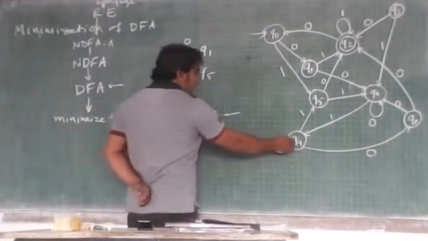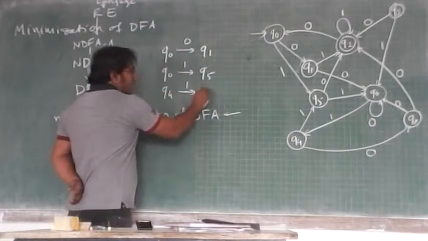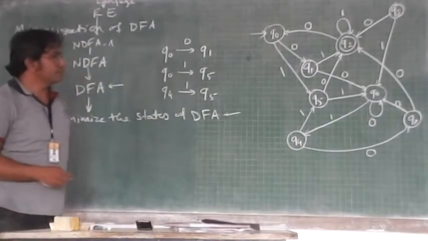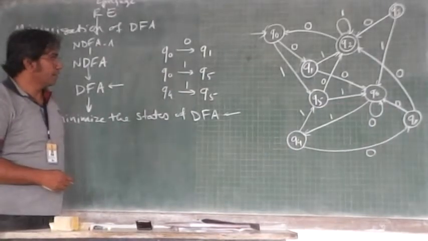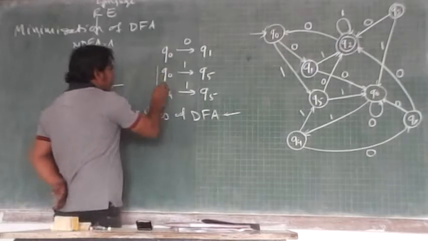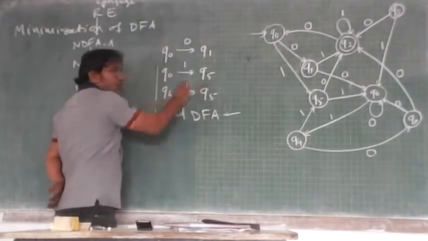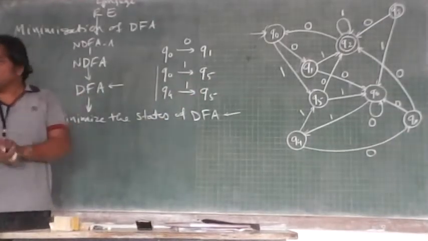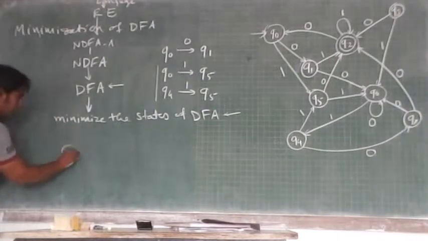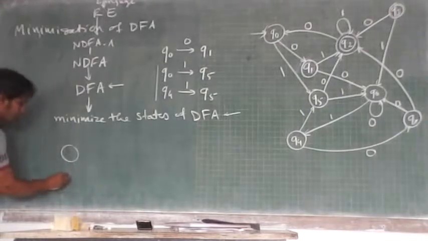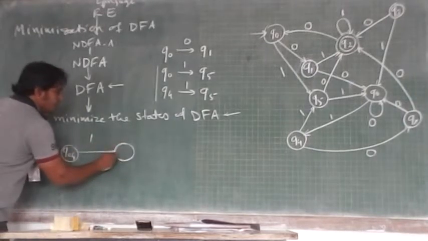And if you look at Q4, from Q4 for 1, I am going to Q5. So can you see here, for the same input from particular states, I am able to come to a common state. Can I merge them? Shall I merge them? So Q0 and Q4, I am merging them, and for 1 I am going to the state Q5.